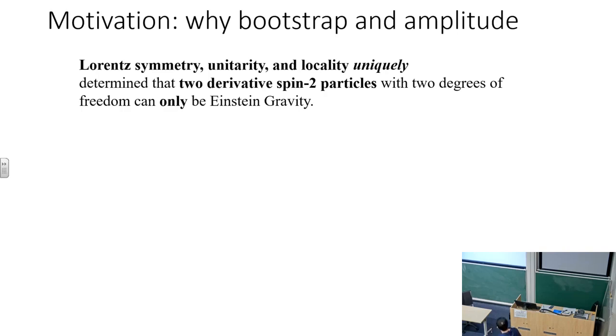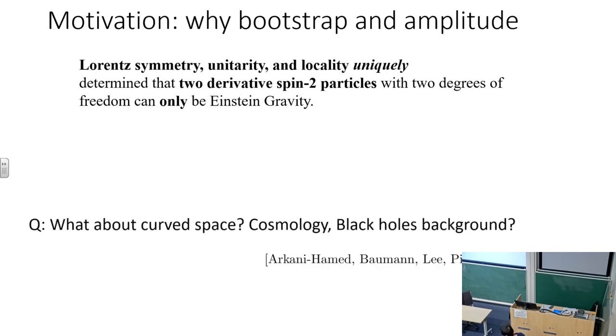This is very remarkable: using the bootstrap idea to understand Einstein gravity in flat space. Now the next question to ask is, what about curved space? Especially nowadays for phenomenological purposes, what about cosmological backgrounds or black hole backgrounds? Can we do amplitude bootstrap in these backgrounds?